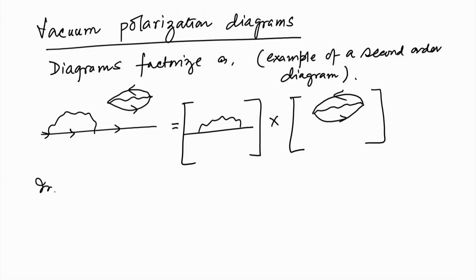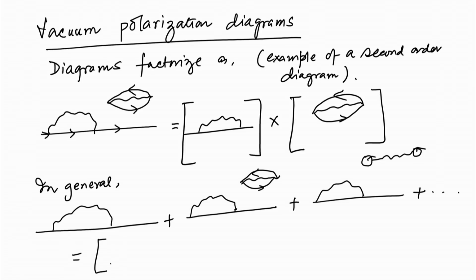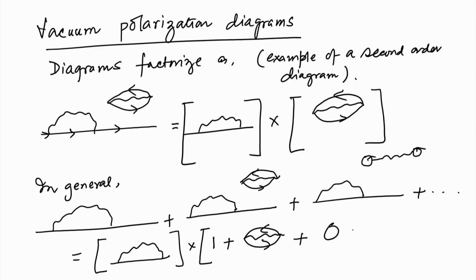So, in general, this plus this and then a bubble like this, plus this and two bubbles like this, and so on, can be written as a term like this multiplied by a term which is 1 plus this kind of a bubble, plus there are more bubbles and so on.